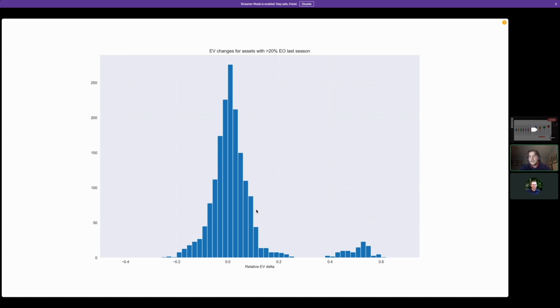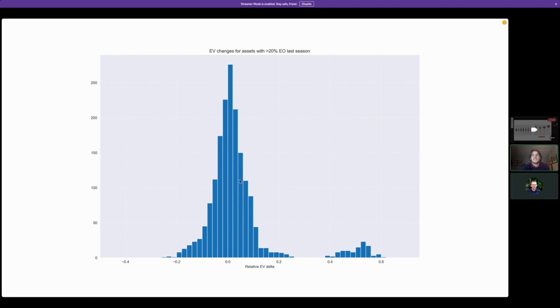It's important to note that the way FPLReview EV is generated has changed quite a lot over the last season, which is the sample I'm going to be looking at. So it's worth keeping in mind that the manner of the change might not have stayed exactly the same. But the idea of this isn't to get any kind of rigorous results. It's just to look at a general trend that we can use later on.